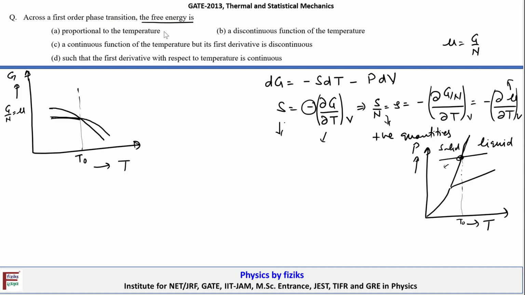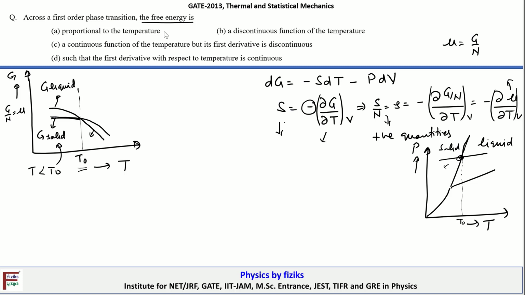So this corresponds to G solid. For T less than T naught, the solid phase is more stable, so it will have smaller values of the Gibbs free energy. And this will correspond to G liquid. When we have crossed the transition temperature, on the other side it's the liquid phase that's more stable.